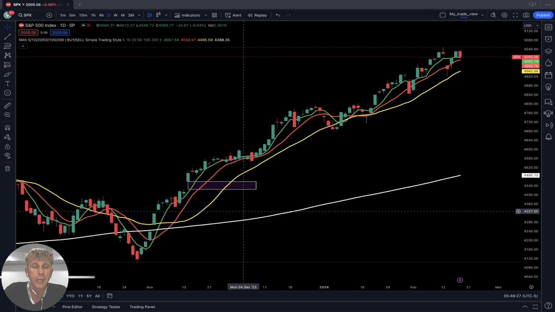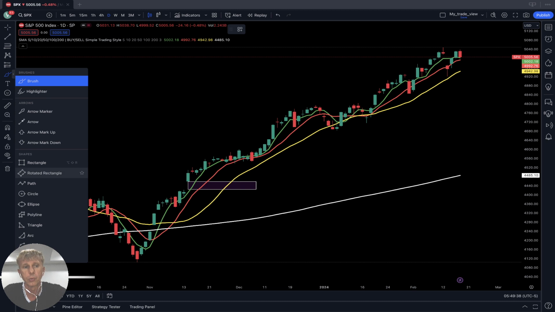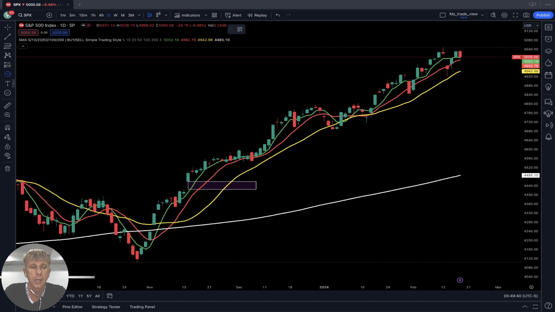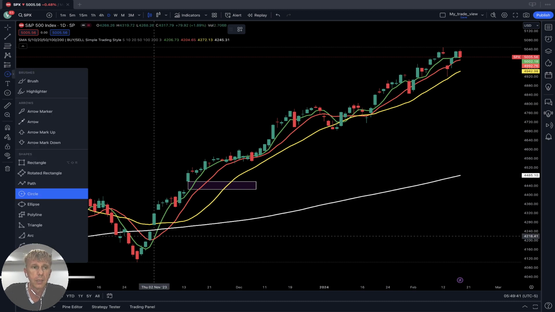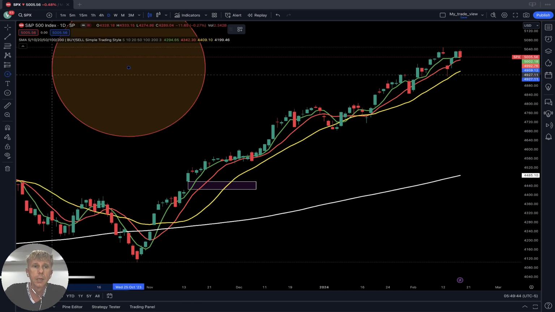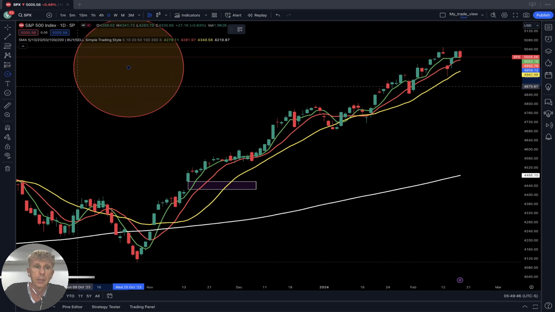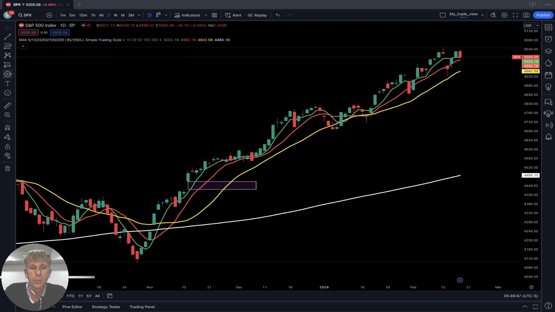If you follow the indicator, you follow the signals, you will be successful. Don't follow the emotions. You have to escape from emotions when you do trading. Trading is not an emotional game. It's a game of the rules and indicators.